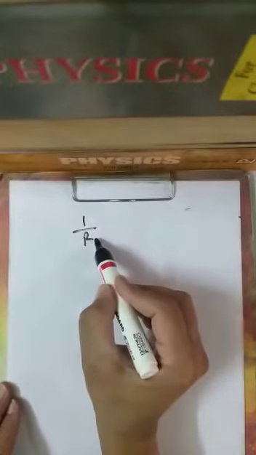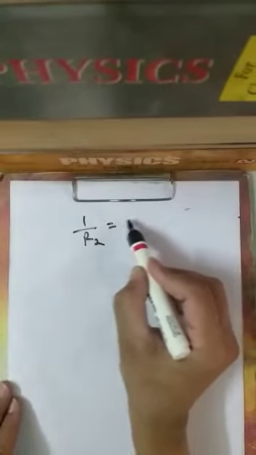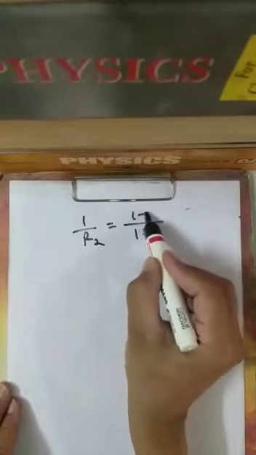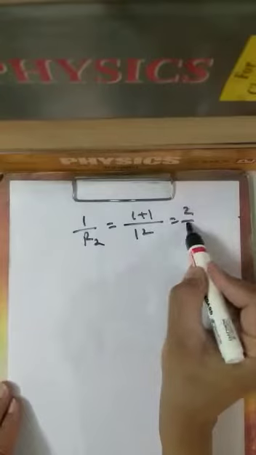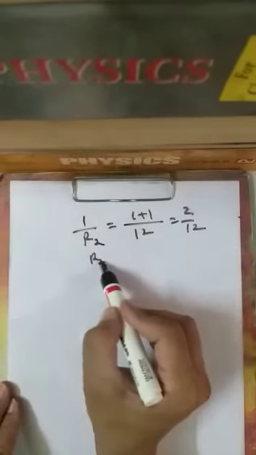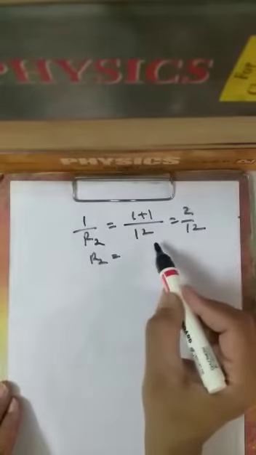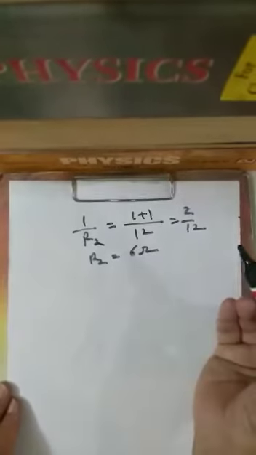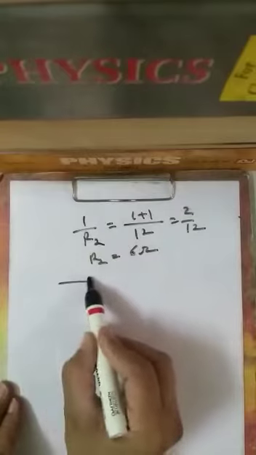Now the value comes 1 upon R2 is equal to 12 LCM 1 plus 1, 2 upon 12. R2 is equal to 6 ohm. Now the diagram became like that.